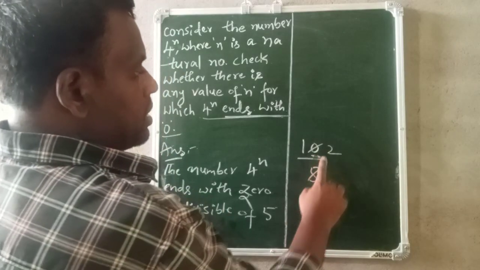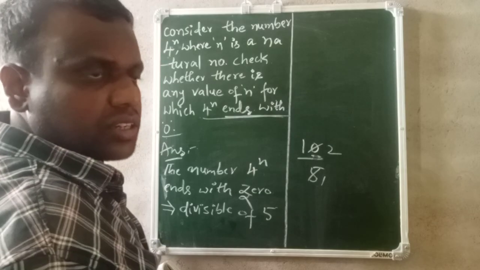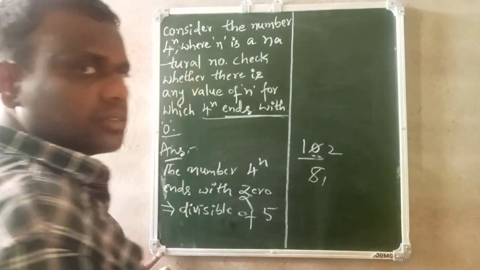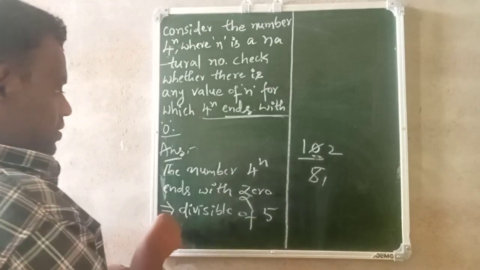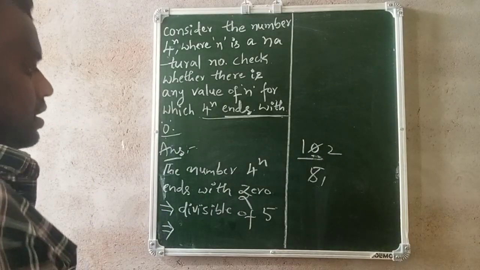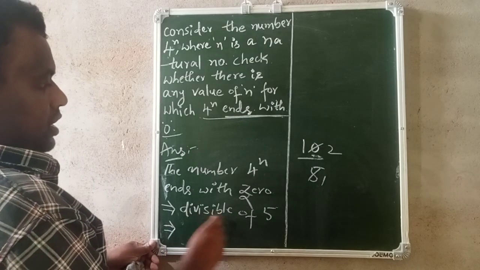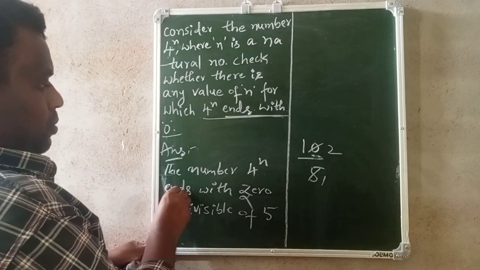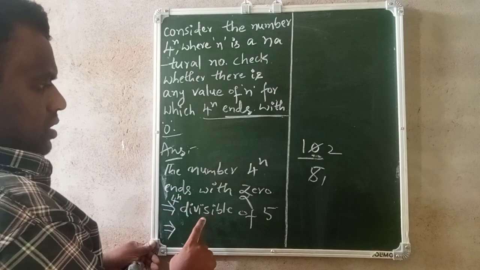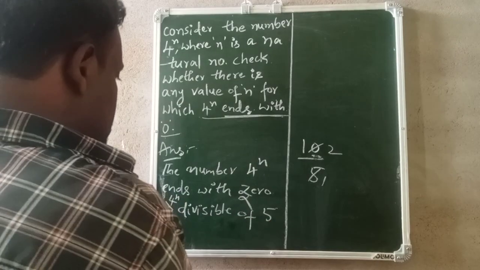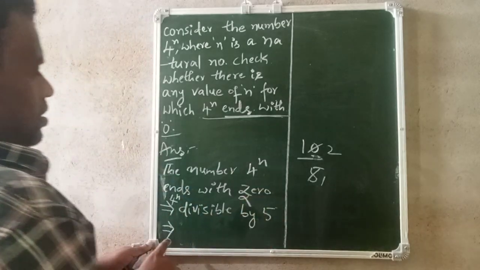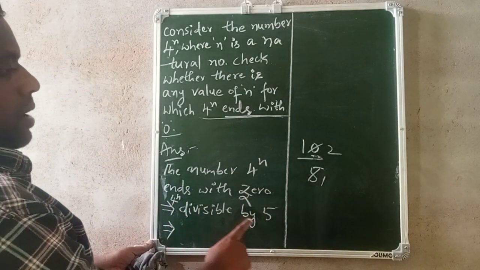See, if this number is divisible by 5, it means what? 5 is a prime factor of 10, correct? So that I will write. So that implies that the number 4 to the n is divisible by 5.